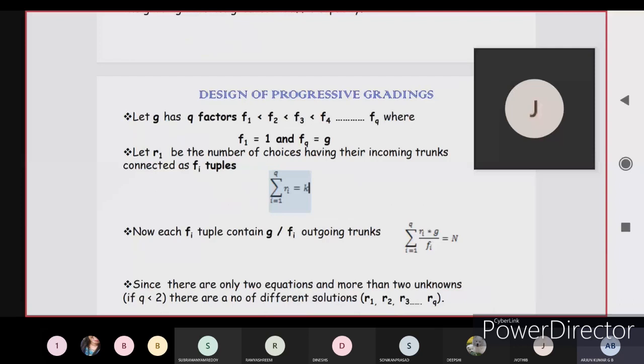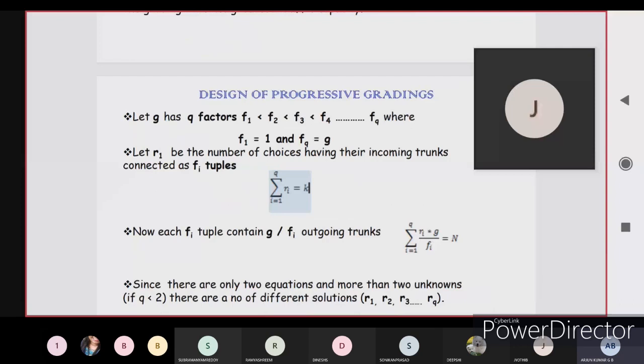Now each Fi is the tuples connecting G by Fi outgoing trunks. Then we get the summation of i is equal to 1 to Q of Ri multiplied with G into Fi, divided by the incoming trunks length, which is represented by Fi. Then what is the outgoing trunks length?